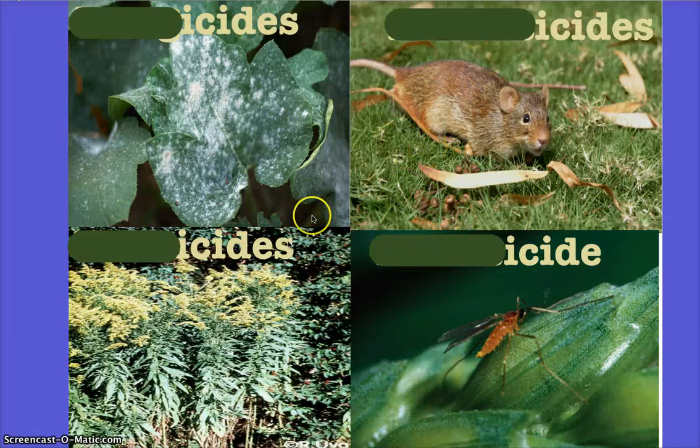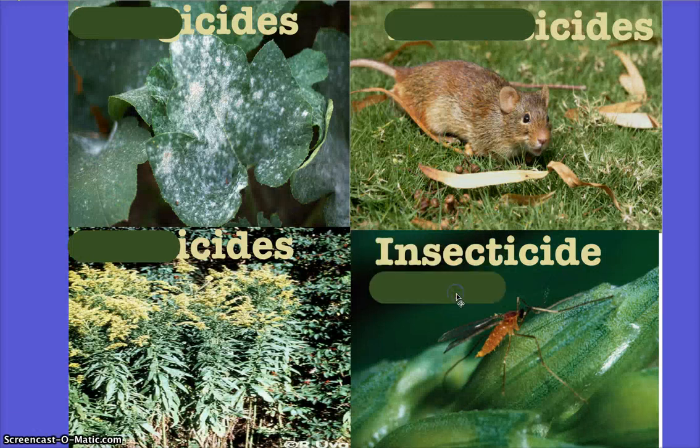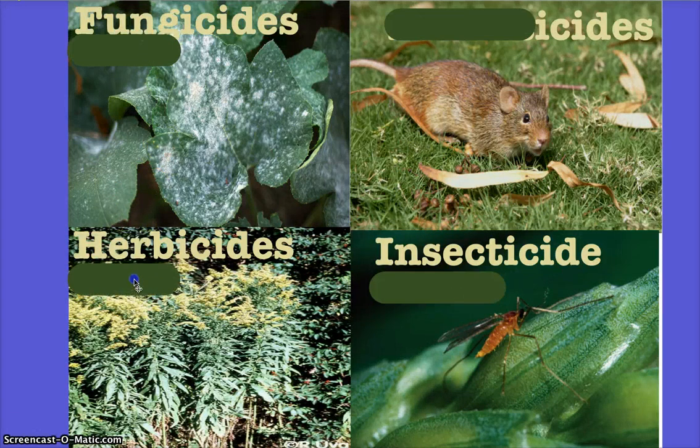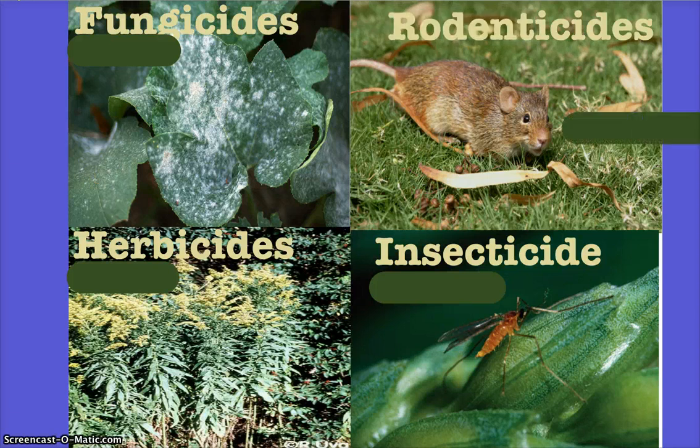So we've got insecticides, fungicides, herbicides. Weeds are probably one of the biggest nuisances, that's where it all started. What's the last one? What do we call mice? Rodenticides. Good job, guys.